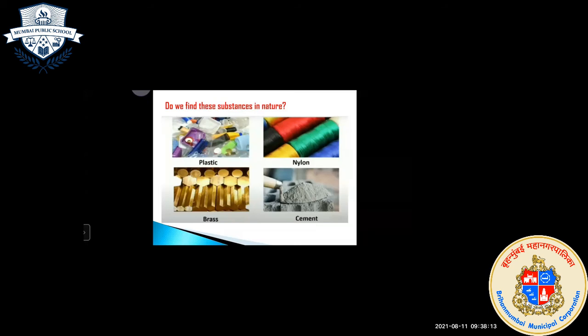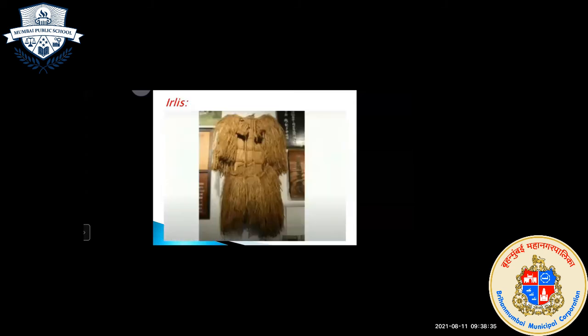But now we are using plastic so much that again it is adversely affecting our environment. But here the thing I wanted to explain is that we made the things for our convenience and for our purposes, we made the things that are man-made by using natural substances.